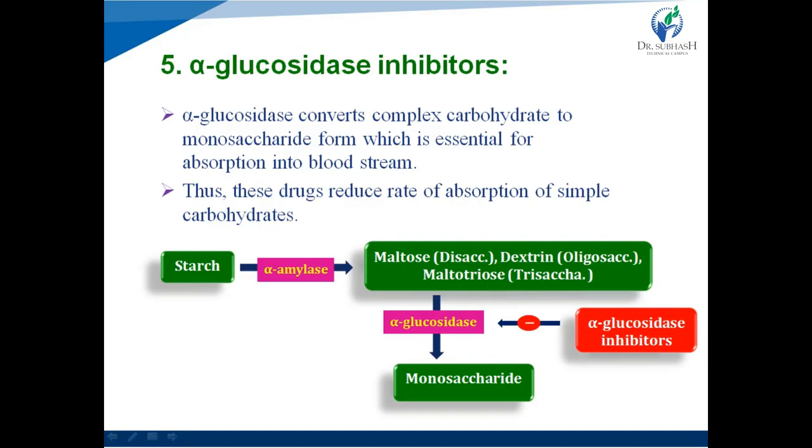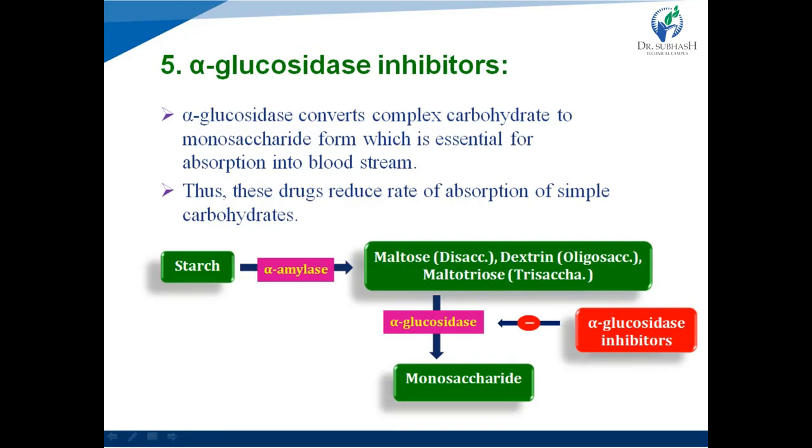And from these, with the help of the alpha glucosidase enzyme, they are converted into monosaccharides. So alpha glucosidase is essential to convert di-, oligo- or trisaccharides to monosaccharides, and glucose in the form of monosaccharide only can be absorbed into our bloodstream.